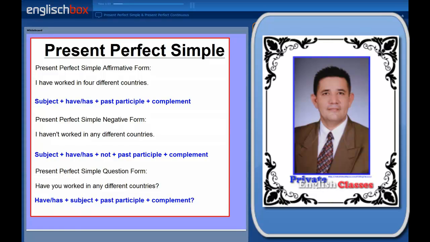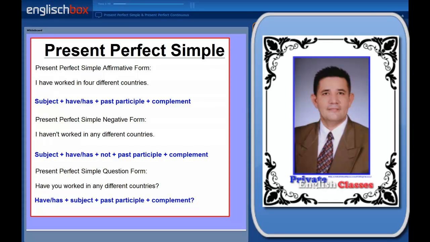In third person, this would be has. He hasn't worked in any different countries. He, she, or it. Finally, the question form. In the question form, it is very, very important to remember to invert the subject and the auxiliary. So the auxiliary comes first, followed by the subject.